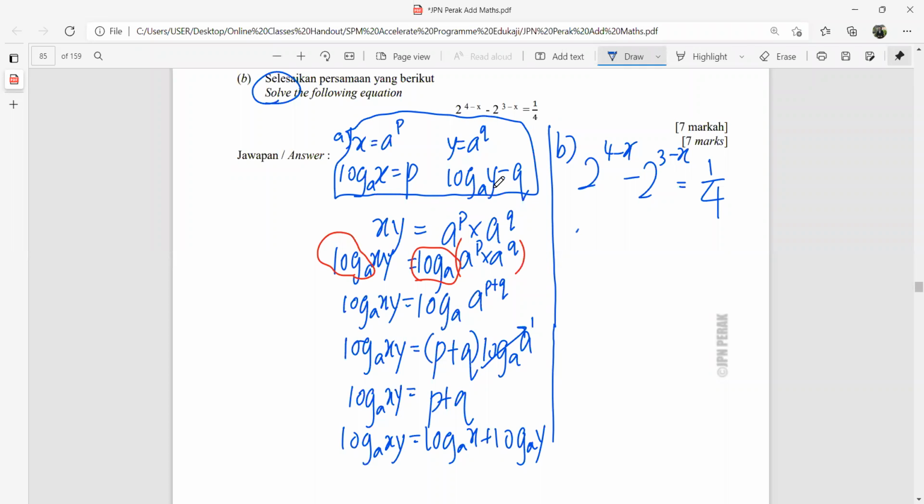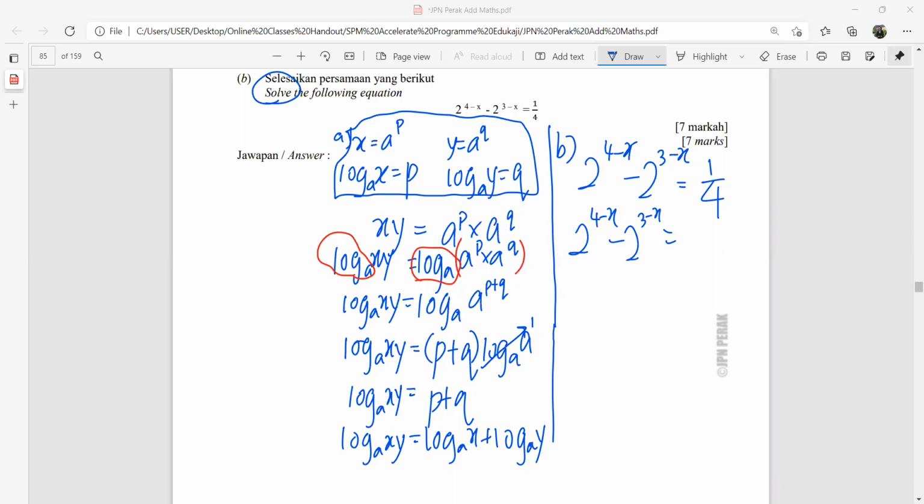So this question, 1/4 is 2 power negative 2. Is it? So I need you all to look carefully to do this question. You can see carefully.